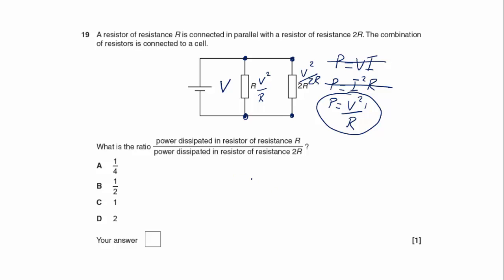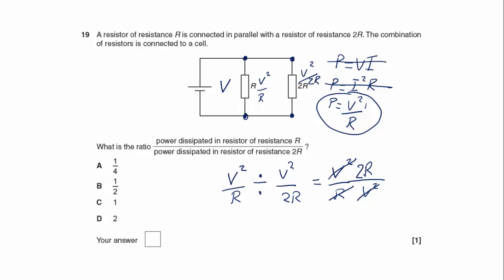So if we put those two equations together, V squared over R divided by V squared over 2R, and that's the same as multiplying by the inverse, so that gives me V squared over R times 2R over V squared. So my V squareds are going to cancel.